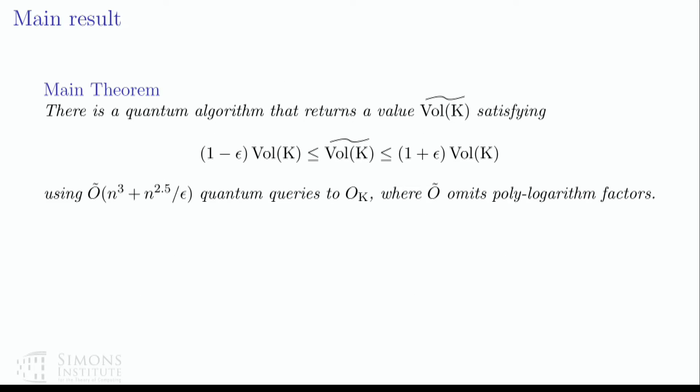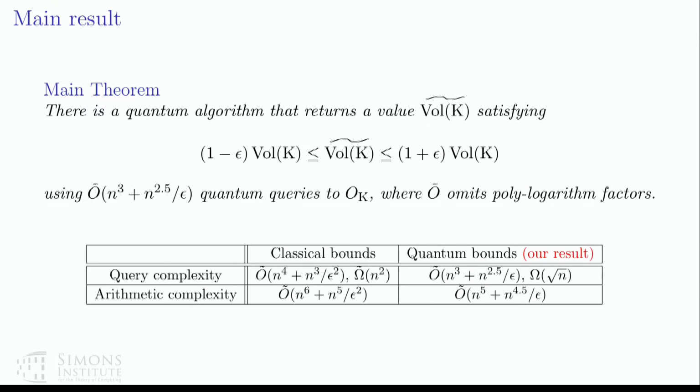Very recently, we gave a quantum algorithm that can solve the volume estimation problem using only Õ of n to the 3 plus n to the 2.5 over epsilon quantum queries to the corresponding membership oracles, where the tilde O here omits polylogarithmic factors. In particular, the dependence on the condition number, capital R over small r, is only polylog, and it also contains some other terms like log n and log 1 over epsilon.